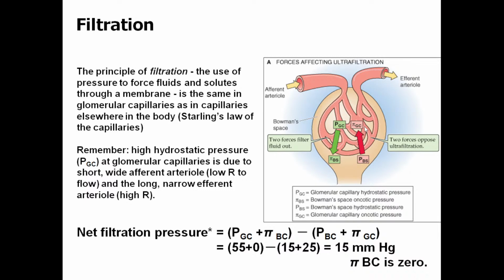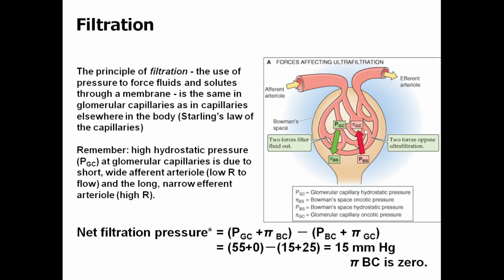It increases along the glomerular capillary because fluid is being filtered, but proteins remain in the blood. Oncotic pressure of the glomerular capillaries might increase enough to prevent further filtration, at which point filtration equilibrium will be reached.